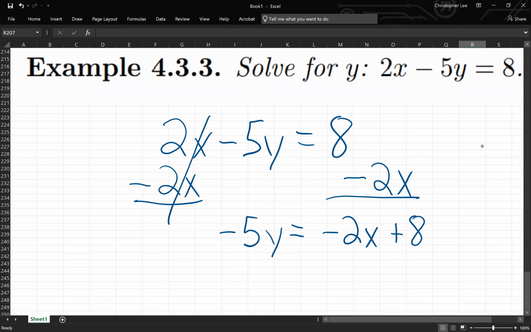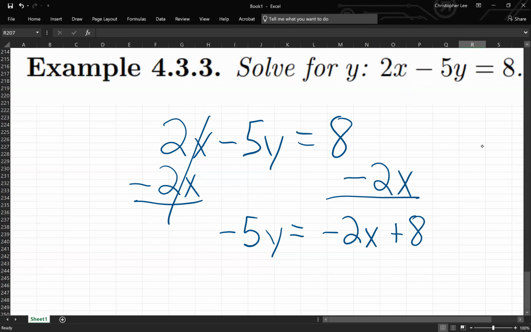So what am I dividing by? By 8? No. Like 5? Close. Give me something better. By negative 2? No. What's in front of the y?